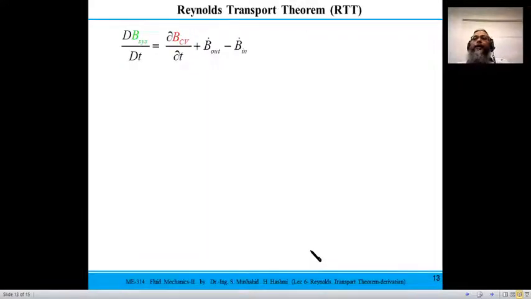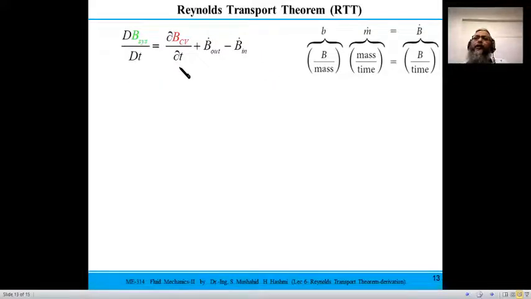Okay, the rest of the life is simple, because your inventory equation has the left hand side for the system and the right hand side for the control volume, and B is an extensive quantity. If you divide by time, it would be the extensive quantity per unit of time.